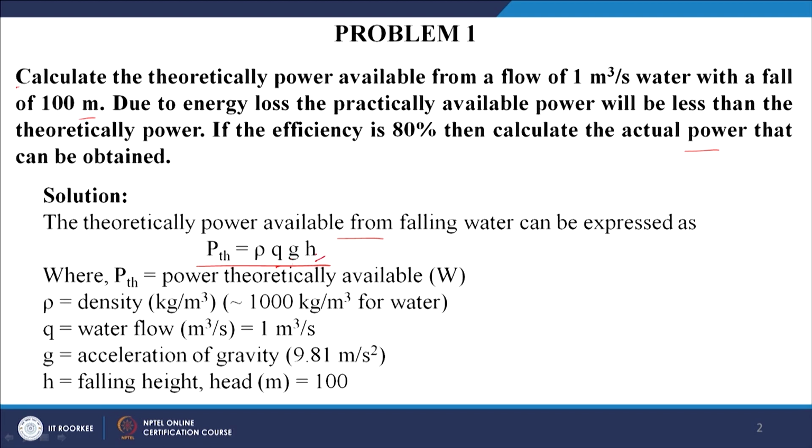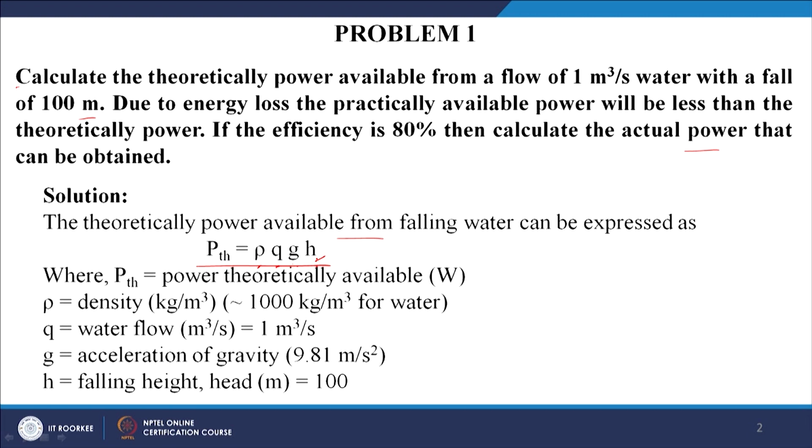That is mgh, where the m is replaced by Q into rho. This is the expression we have discussed in our previous class, and now we have the data of rho, Q, g, and H.